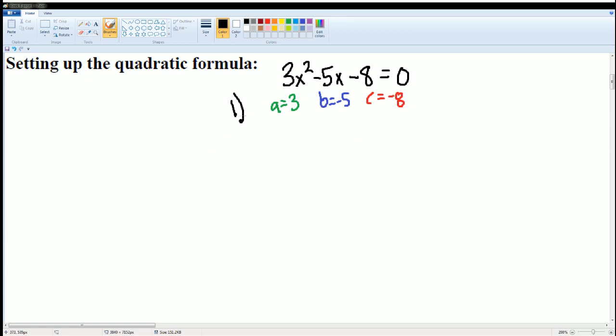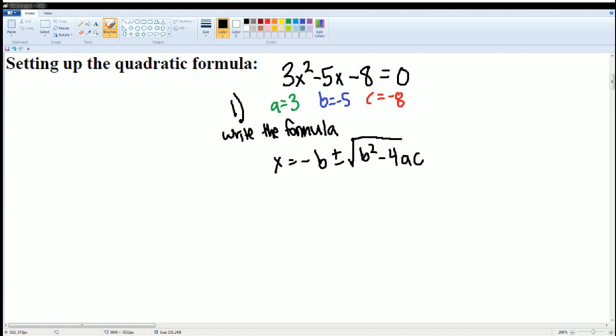Then there's an intermediate step where you're going to write the formula. Start writing it: x is equal to negative b plus or minus the square root of b squared minus 4ac. Close that off.